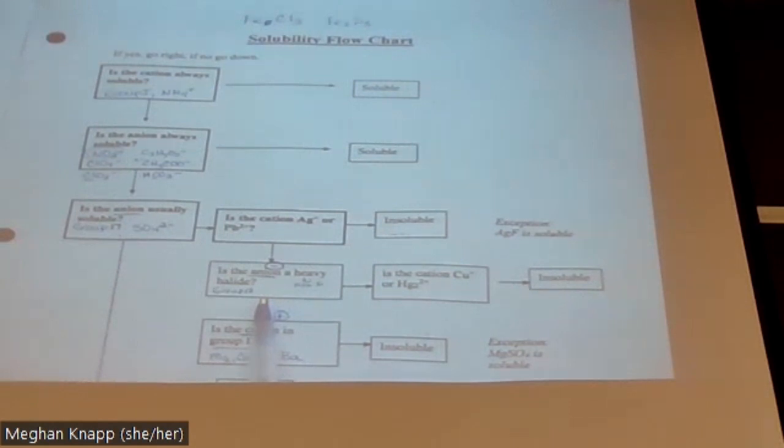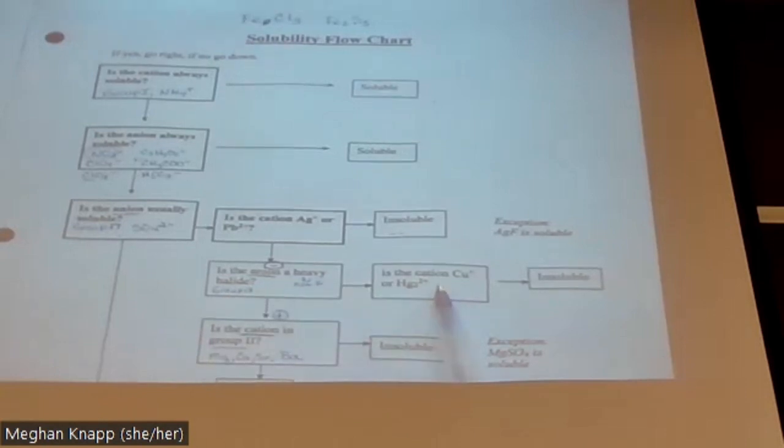Is it in group 17 and not fluorine? Yeah, chlorine is in group 17, but it's not fluorine. So yes, we're going to go this way. And then it says, is the cation copper or mercury? We're dealing with iron, so it's not. And this is one place you couldn't really fit in the arrow. So let's stick this in here. The box here says, if the answer here is no, then this is soluble.